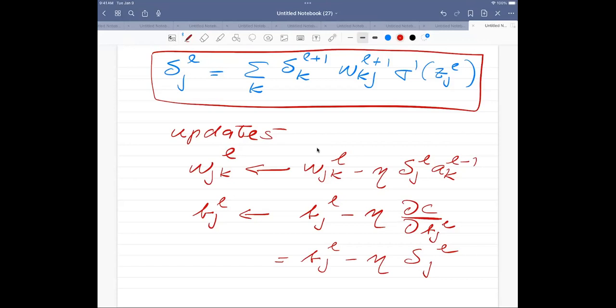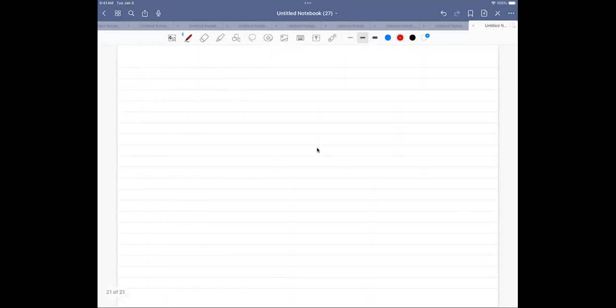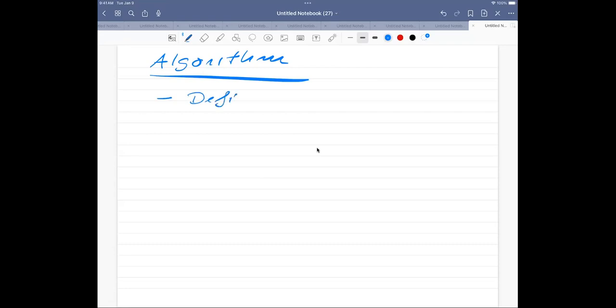So let's set up the algorithm, because these are the equations which we will need to program. So the basic algorithm goes as follows, and this is where we will stop today. You need to define the architecture: how many hidden layers you want to have, how many nodes you want to have, and what kind of activation functions.